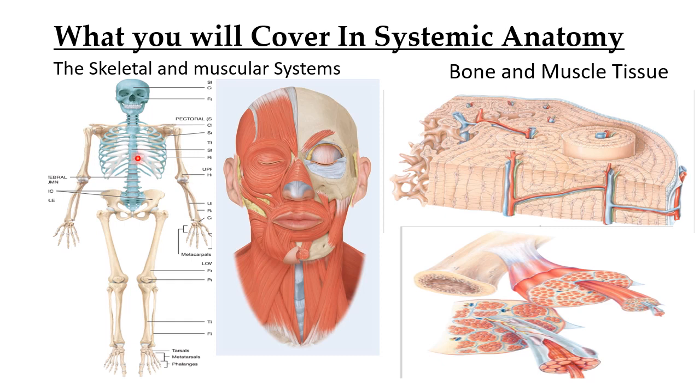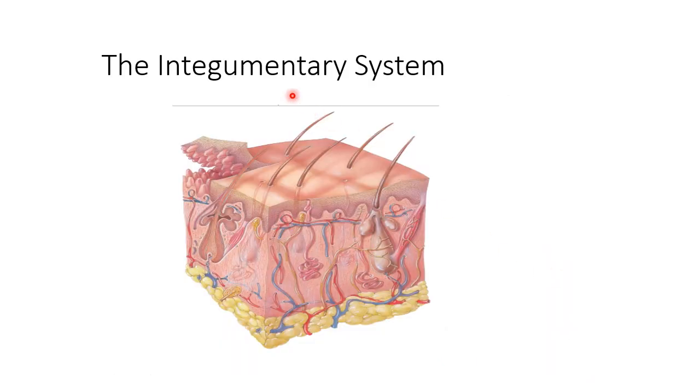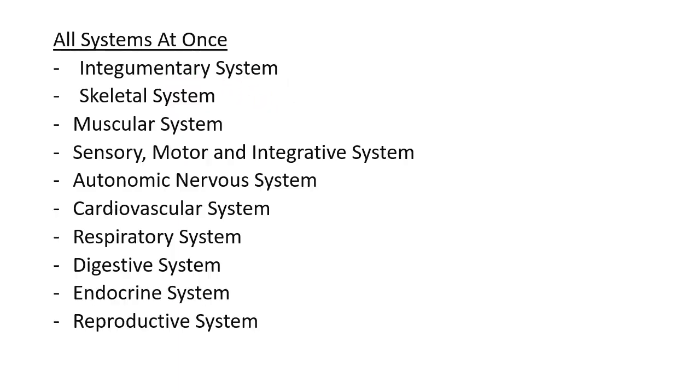As much as you're talking about the gross part, you'll also be talking about the histological part, of the bone and of the muscle. Then you look at the integumentary system, which in short is the skin, so you look at the histology and the gross part of the skin.